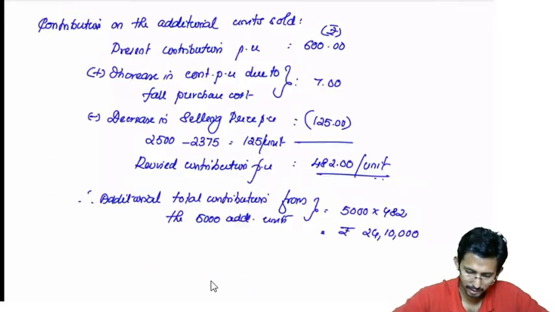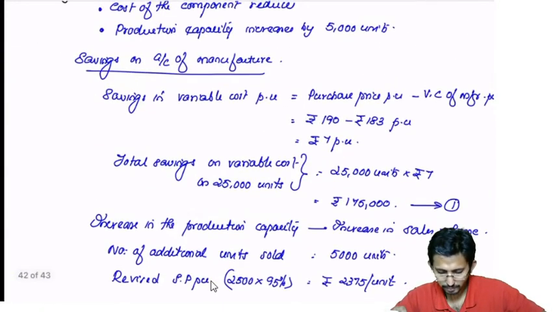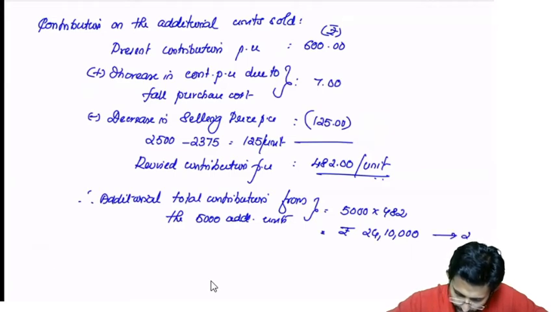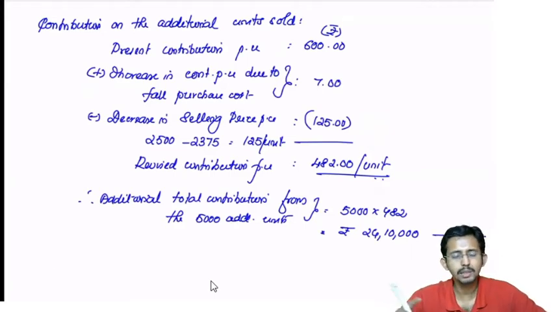Okay, 24 lakh 10,000. Is it clear? This is additional. So this is 2.